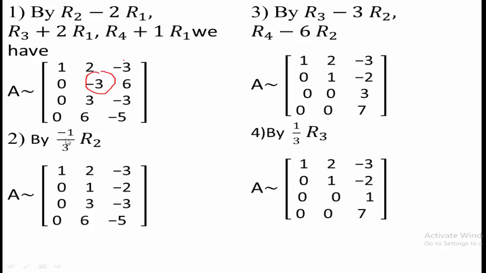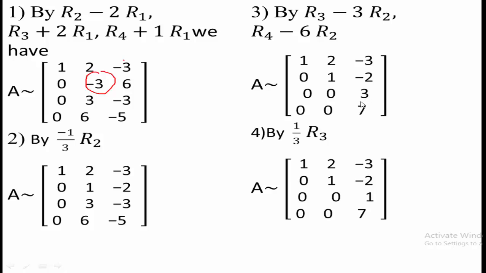So multiplying this second row by minus 1 by 3, we will get 1 here, and this is just minus 2. Next we have to bring 0 here. So operating R3 minus 3 R2, we get 0 here, and R4 minus 6 R2, we will get this matrix.